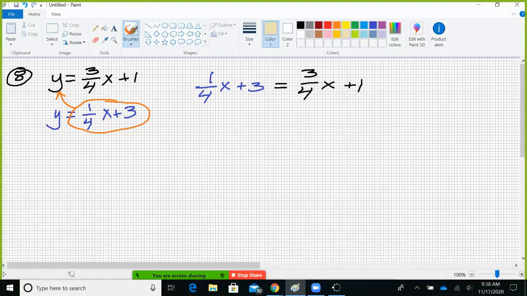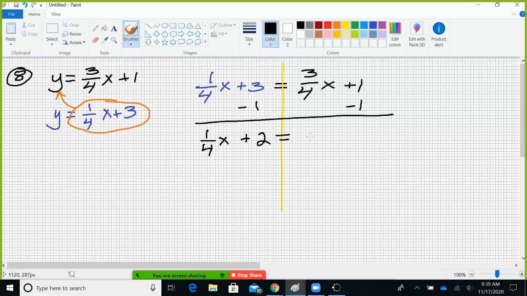At this point, Cody, what do I do? That's okay. Just tell me what to do, and I'll do it. Sure. Let's take the 1 over here because that'll leave us with positive numbers. So we now have 1/4 x plus 2 equals 3/4 x.